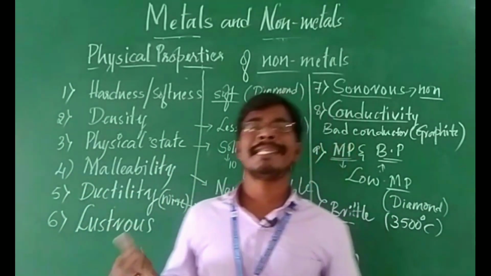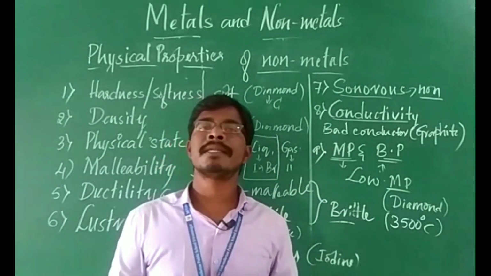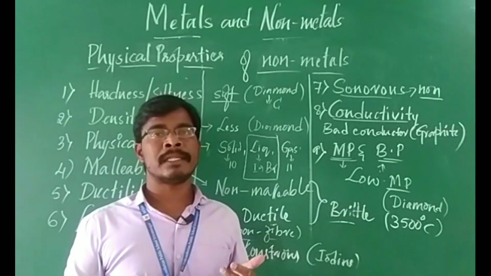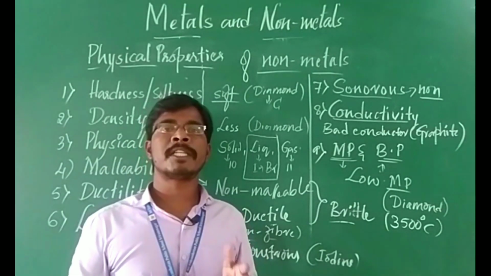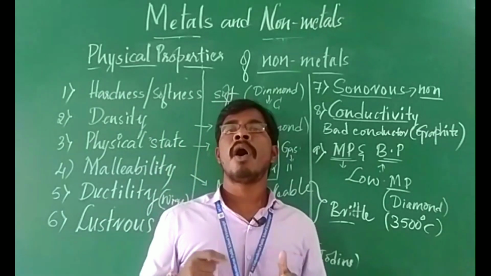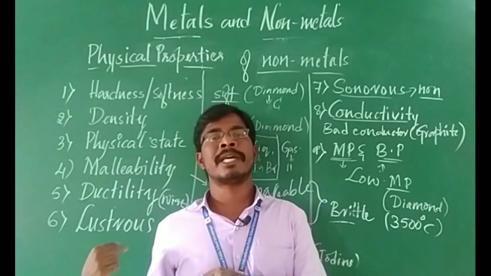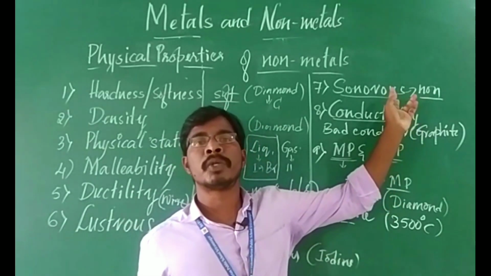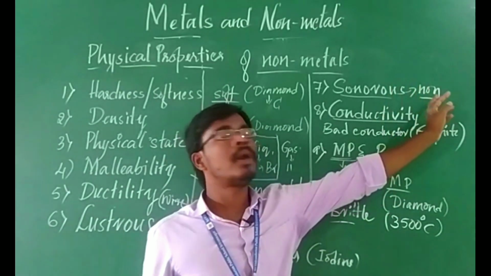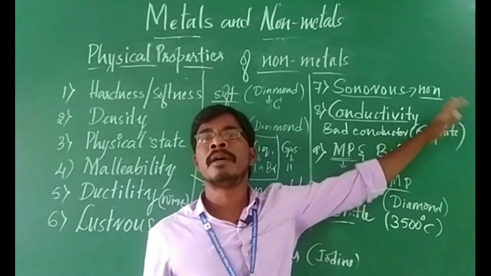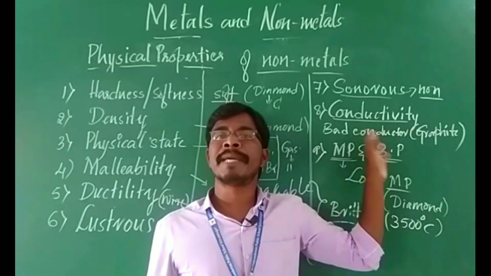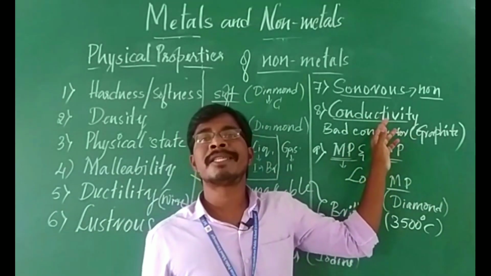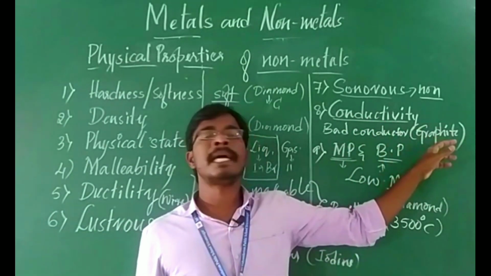Then the next property is lustrous, the property of an element which gives a shiny appearance when freshly cut. All metals are lustrous in nature, but all non-metals are non-lustrous. All the metals are sonorous, which gives a ringing sound, while all non-metals are non-sonorous. All the metals are good conductors because they have free electrons, but all the non-metals are bad conductors except graphite.